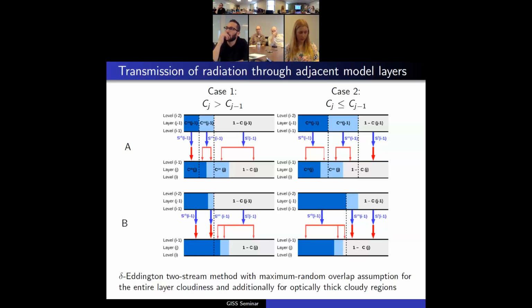The recent work of Robin Hogan, the paper 2019, when they improved their original version of Tripleclouds, they also discuss more precisely how to split this, how to really steer these fluxes between these layers, and this could be also a little bit further optimized in the next step. But I'm not sure if you asked this.